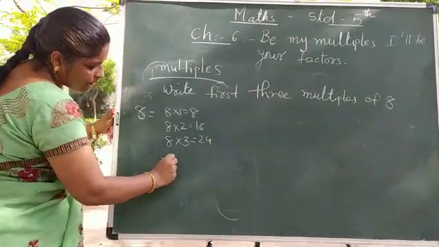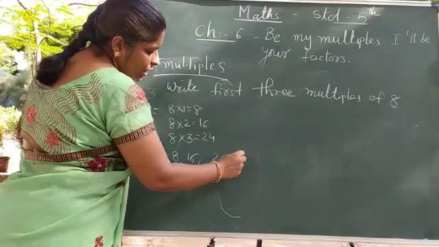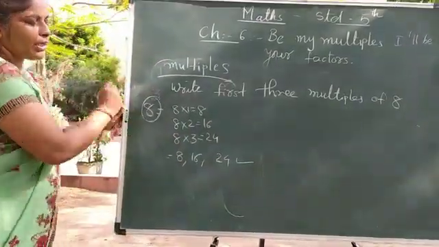So here 8, 16 and 24 are the multiples of 8.